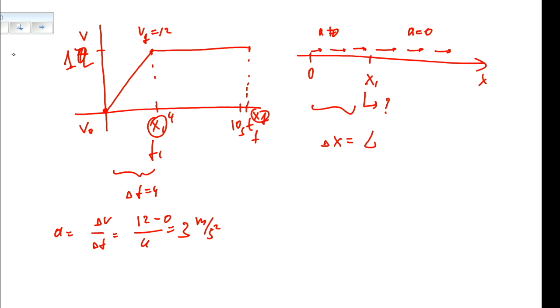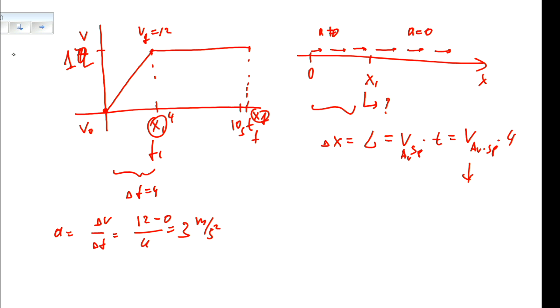As we know, distance traveled is equal to average speed times time, because average speed is distance over time. So this is the average speed times 4. If only we knew the average speed, because it changes.